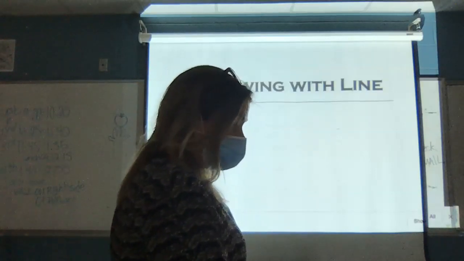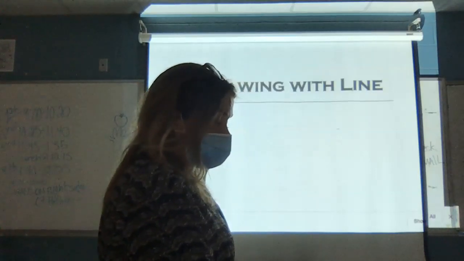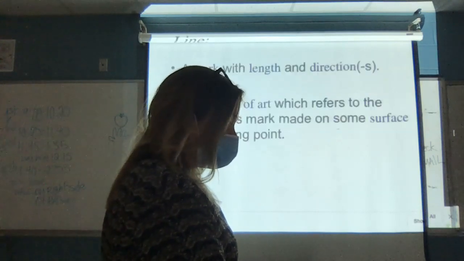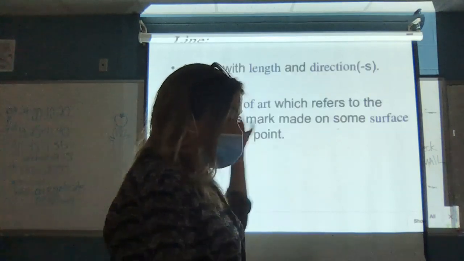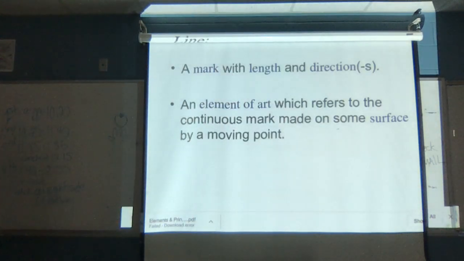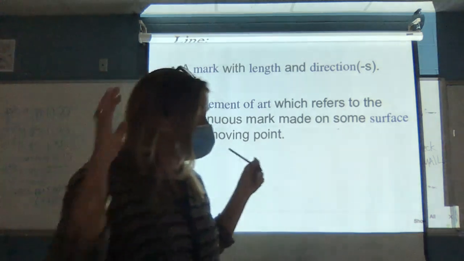So we're just going to talk about line a little bit. We're going to talk about some drawing concepts. We're going to be doing some projects with it. A line is simply a mark that has length and direction. So it's a mark, it's going somewhere. It has a length, and it has a direction.